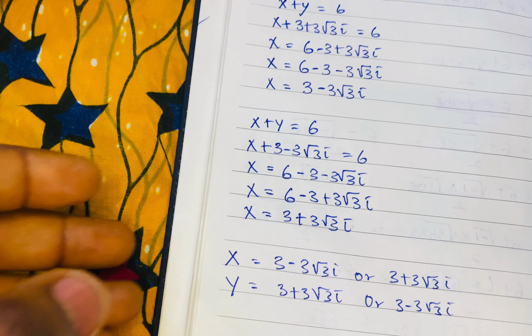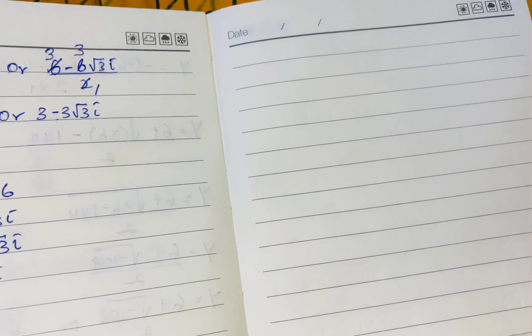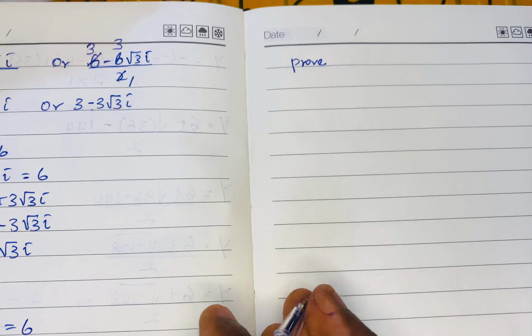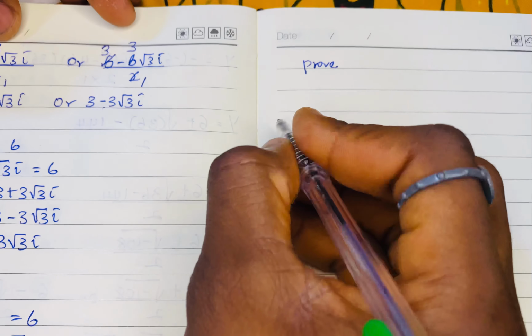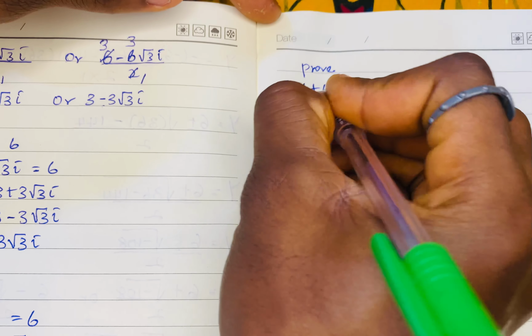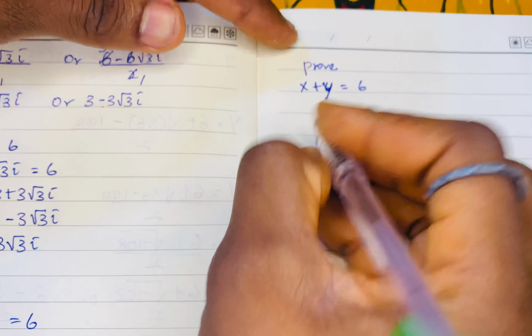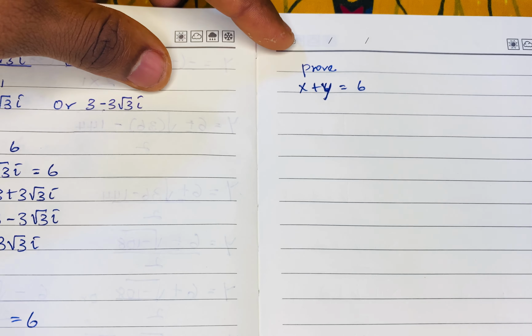So let's put these two values in to prove the equation, to know whether what we solved is correct. So we have x plus y is equal to 6, right? So what is our x? Let's use one of these.